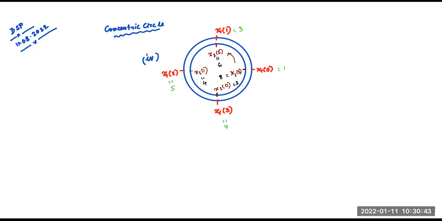So what will be the value of y of 3? The y of 3 value will be 1 into 8, plus 3 into 6, plus 5 into 4, plus 7 into 2.